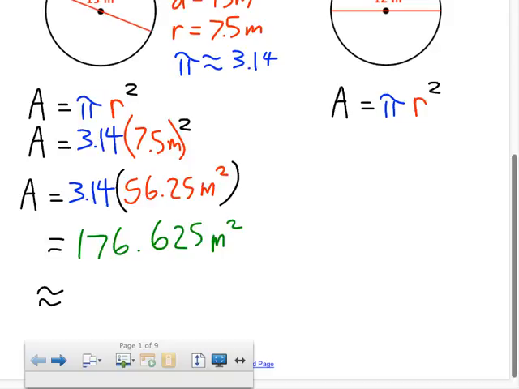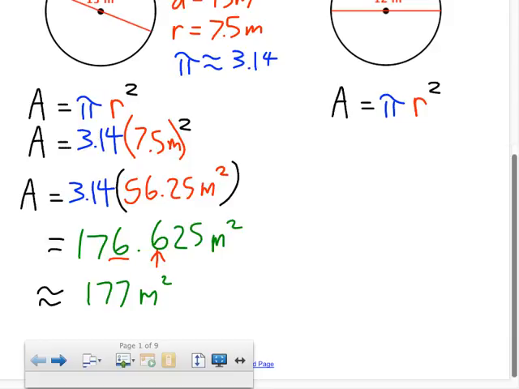Denia? 177 meters squared. And the reason is we're trying to round to this place, so we have to look at this place. And so if it's 5 and up, I have to bump that up. If it's not, I just drop everything off.